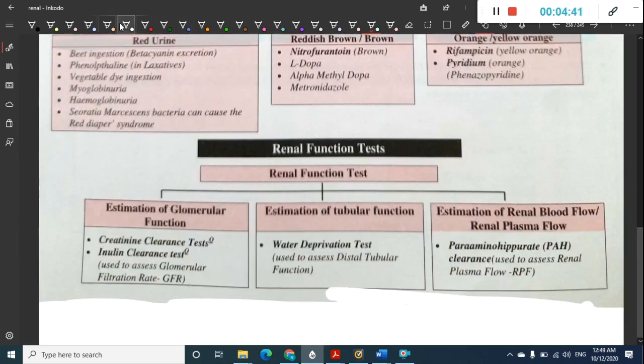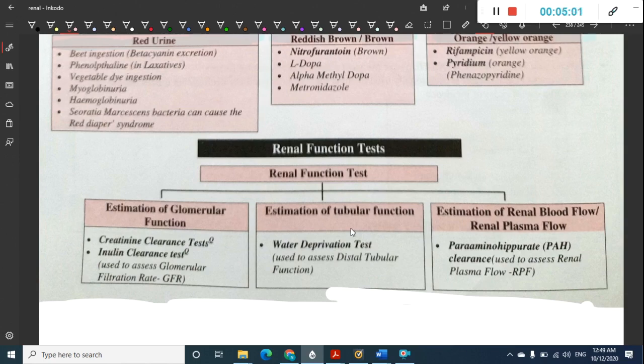Then we have renal function tests, which are mainly divided into three types. First, we estimate the glomerular filtration rate, which is assessed by the creatinine clearance test and inulin clearance test.